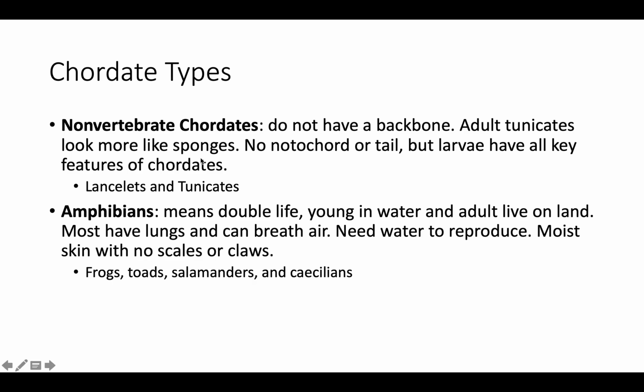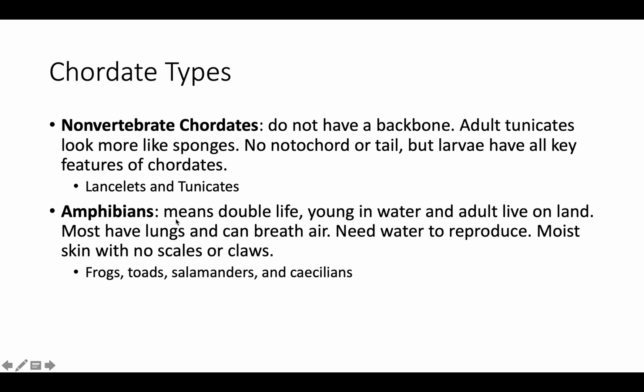Those being lanceolate and tunicates. Those are common non-vertebrate chordates. If you see these in a cladogram, these are going to be the first ones, as these are more simple. Only the larvae possess the features of the chordate. After this, you're going to have amphibians.